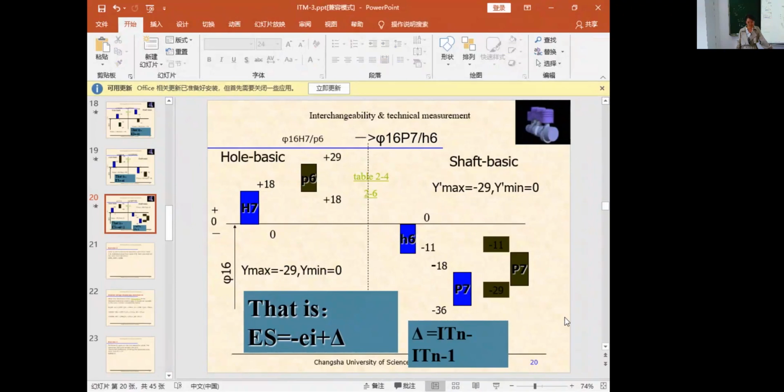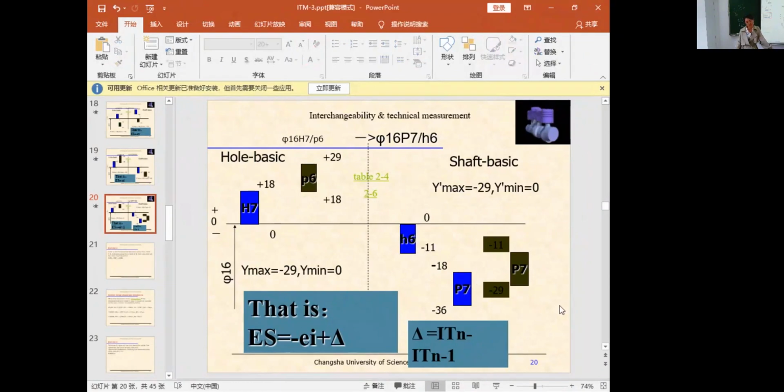Maximum is 36, minimum is 29. The blue tolerance.